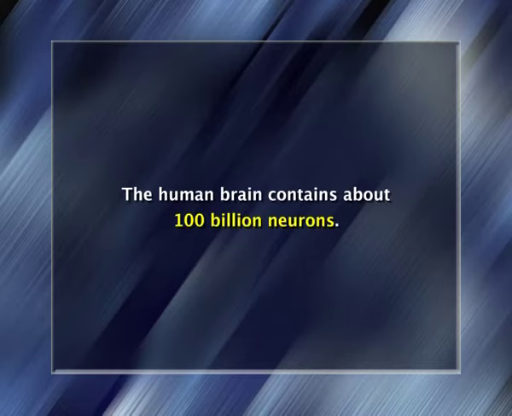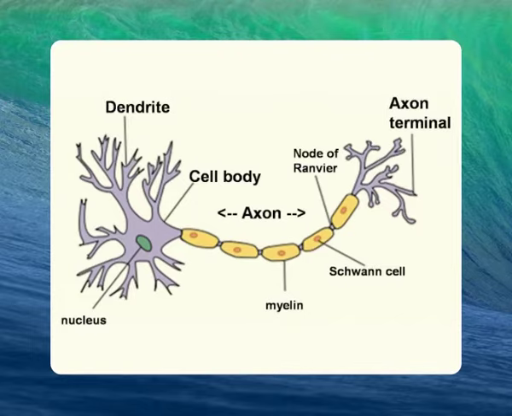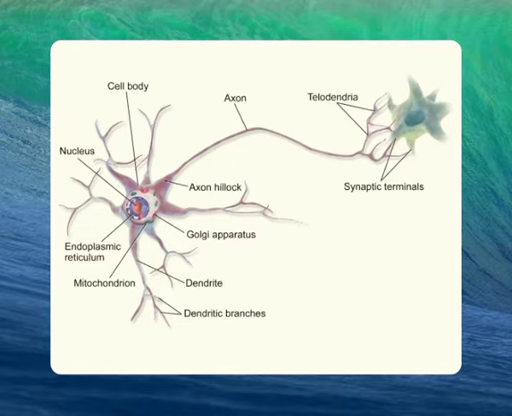First, the neurons. The human brain consists of about 100 billion neurons. A neuron consists of a cell body containing the nucleus, an axon, and special extensions called dendrites. Neurons communicate with each other using axons and dendrites. When a neuron receives a message from another neuron, it sends an electric signal down the length of its axon.